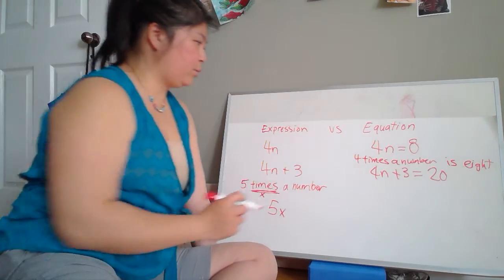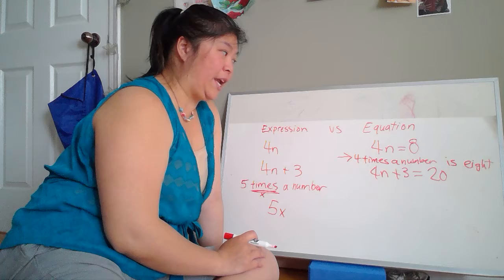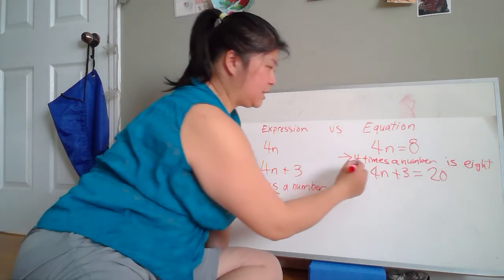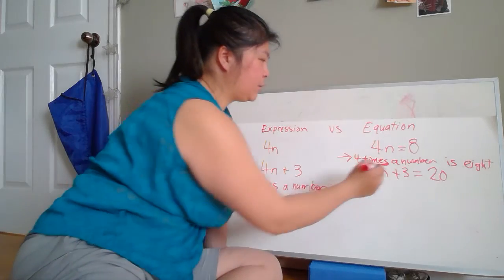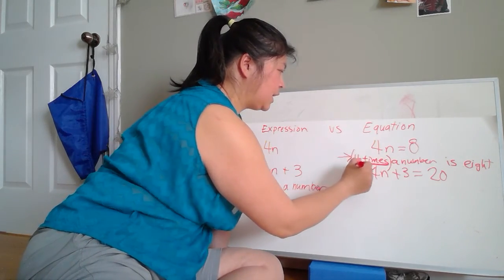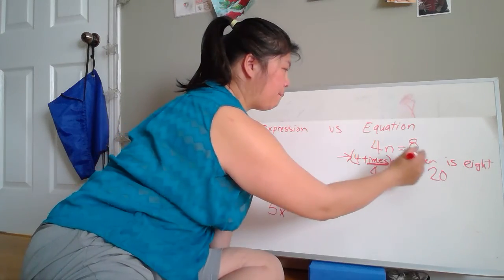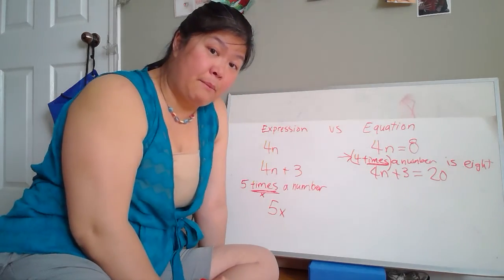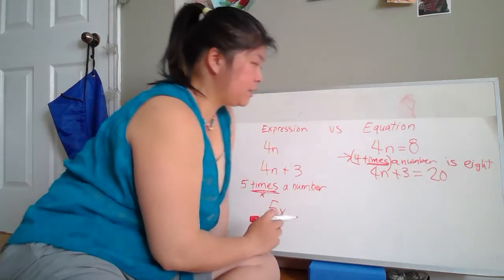So when you read the equation, you have to see what it is actually saying. You can break it down to 4 times what? 4 times a number, which is the unknown number, the variable, is 8.